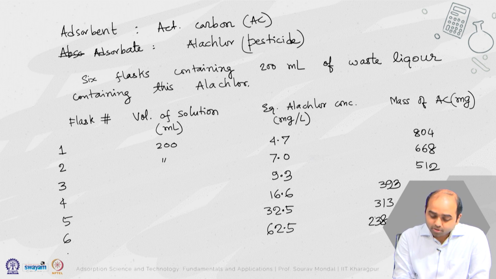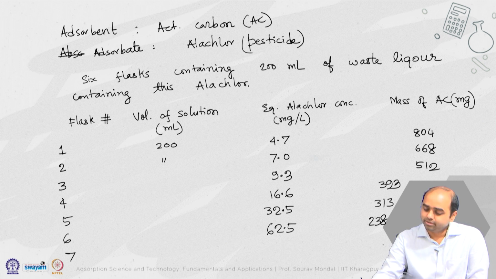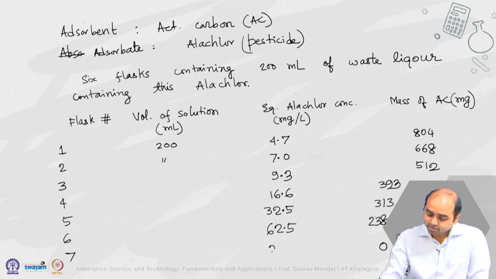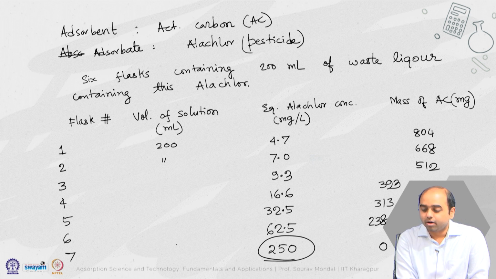Now there is one more condition: if we do not add any adsorbent, so the adsorbent is 0, the alachlor concentration is 250. This last row represents 250 milligrams per liter, which is the alachlor concentration present in the liquor.